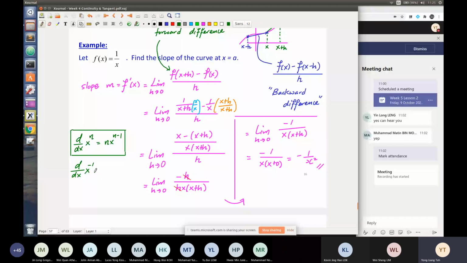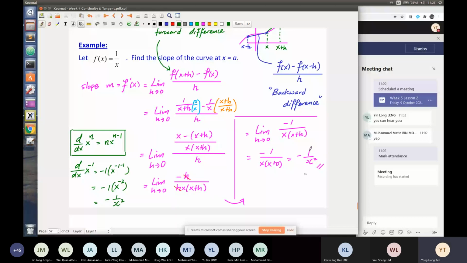You bring down n, so minus 1, then x to the power of minus 1 minus 1. So isn't this minus 1 times x to the power of minus 2? Then this is minus 1 over x squared.